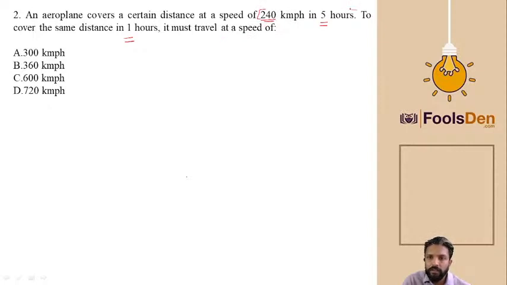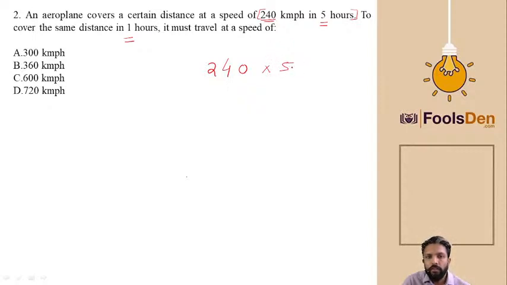That is your speed and this is the time. So every hour the plane travels 240 kilometers, so in 5 hours it travels this much. This is the total distance.